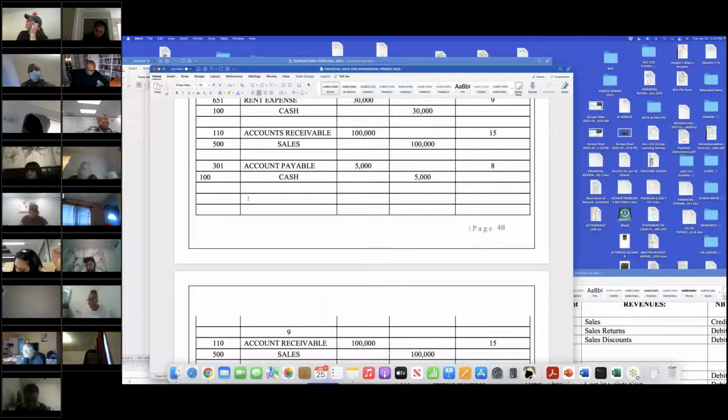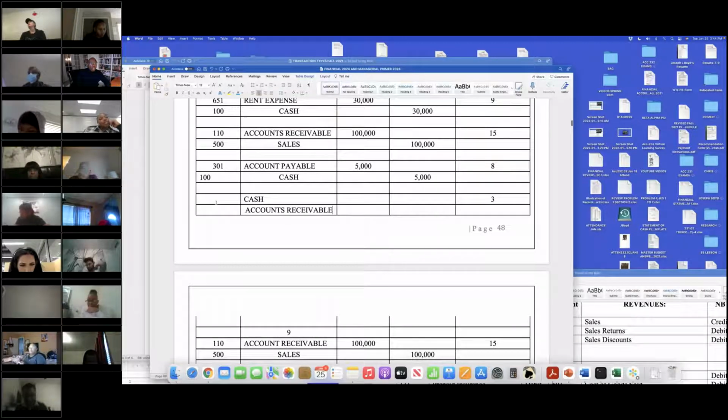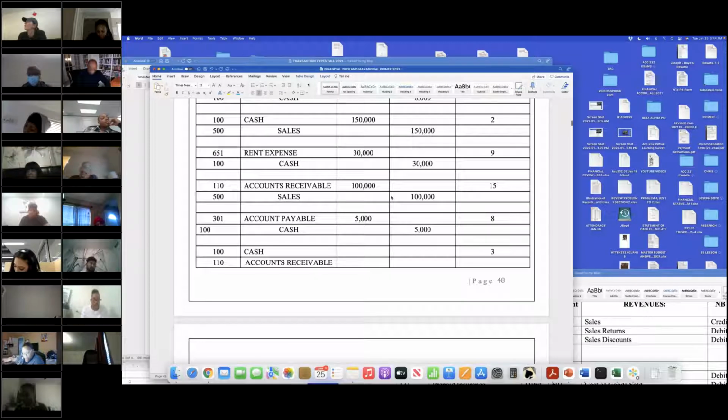We've already recognized the sale here, so always keep that in mind. We're not crediting sales, we're crediting accounts receivable. Cash is 100, accounts receivable is 110. And our amount was how much? 50,000.